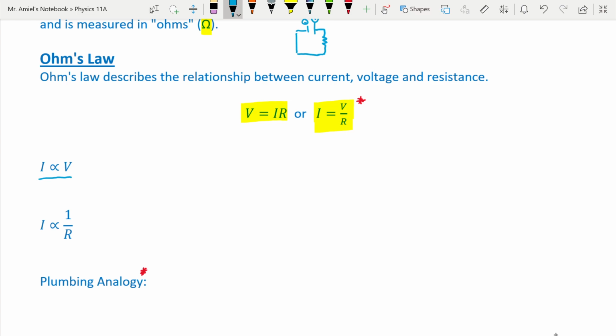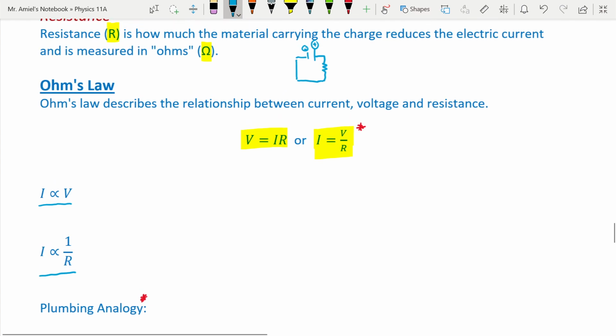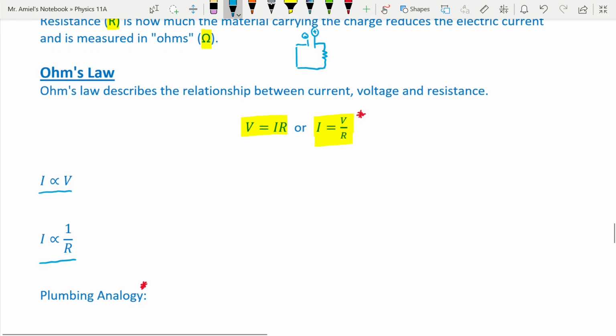And we can also look at it in terms of resistance, and we say, well, if we keep our voltage the same and resistance increases, then our current is going to decrease. Okay, so obviously what this is saying is if you increase the potential difference of your voltage, you're going to cause a faster flow of electrons. Okay, so that's the way to think about it.